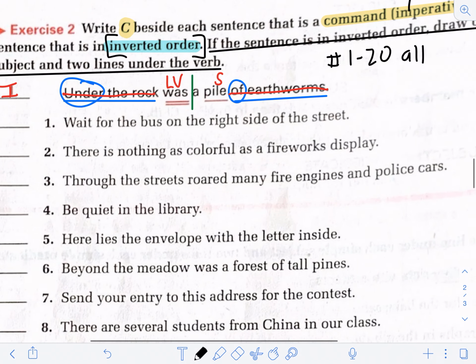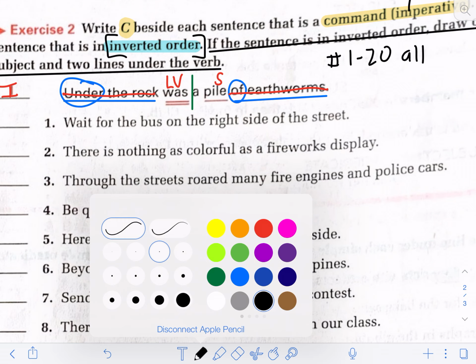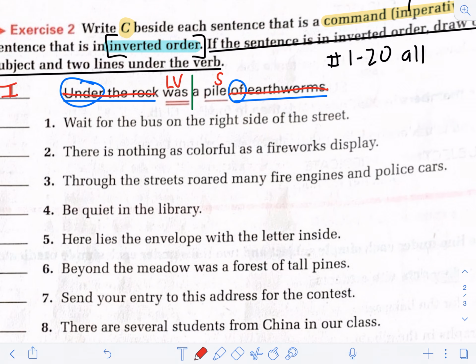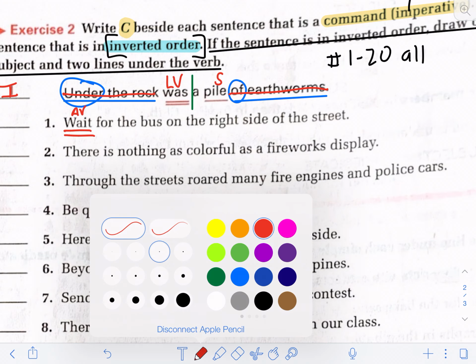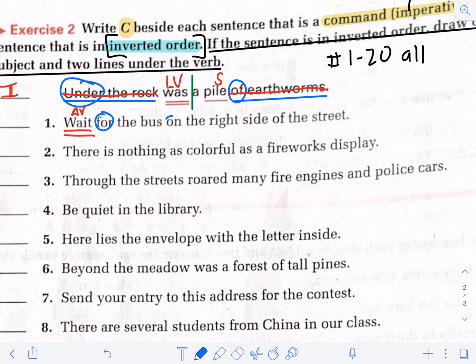Number 1, wait for the bus on the right side of the street. With this one, it's important to look for our verb and then our subject and then prepositional phrases. Wait for the bus. I automatically realize that this is an action verb. For the bus, on the right side, of the street. I'm automatically seeing 3 prepositions, and so I have 3 prepositional phrases.